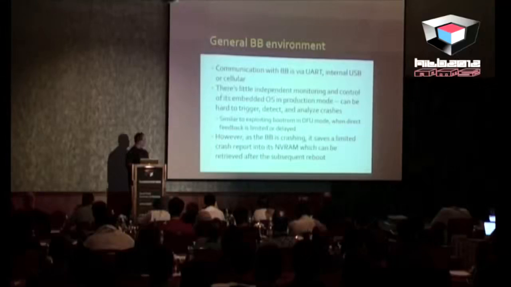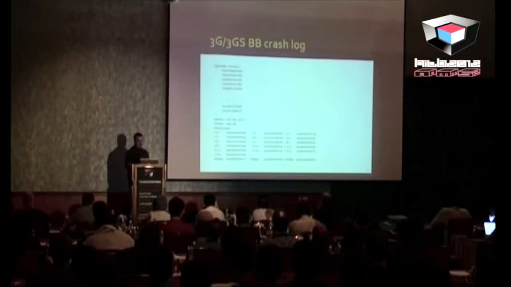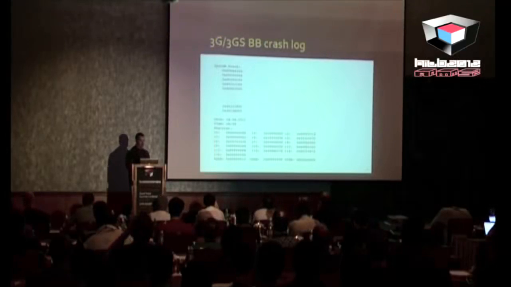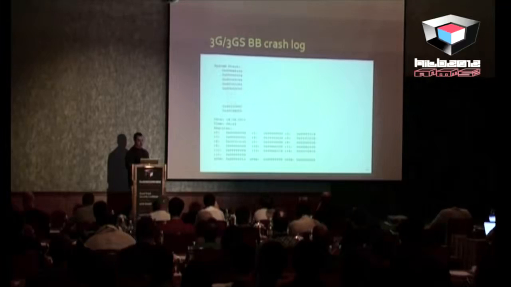So it's very touchy-feely, a little more difficult than the main CPU to work with crashes. But luckily, it has this saving feature: when it crashes, even if you lose communication with it, on its way down it'll save the reason for the crash in the NVRAM, and you can pull that at the next reboot. The logs are not very detailed compared to the iOS side of things. You don't get symbols or anything like that. You just get a basic system stack dump and the registers.